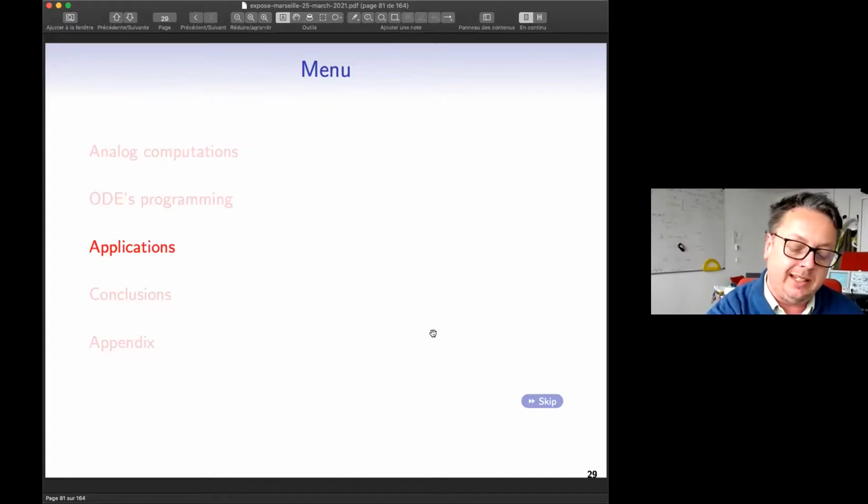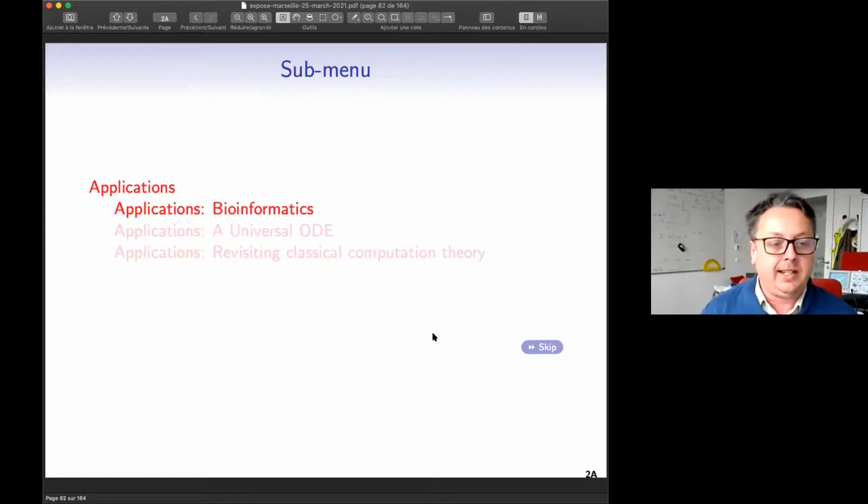Many things can be described using ordinary differential equation. So if you know how to program using ordinary differential equation, then it helps you to solve various problems in various domains. Let me mention 3 examples of problems that we solve. Maybe I will focus on the first one only, about bioinformatics, computation using proteins, and just mention 2 others.